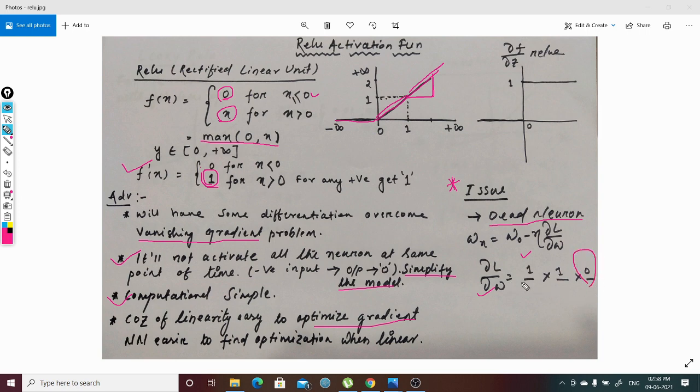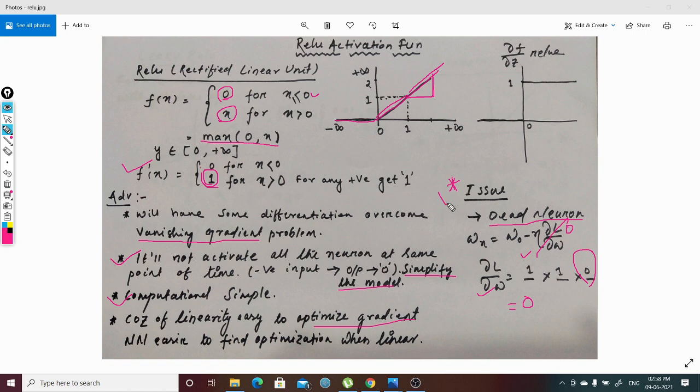If you multiply this zero in the backward propagation, the entire gradient becomes zero. So it could result in a dead neuron, because there won't be any weight optimization, as the entire calculation during the backward propagation goes to zero, as the formula of the derivative of ReLU suggests. So this is the problem.